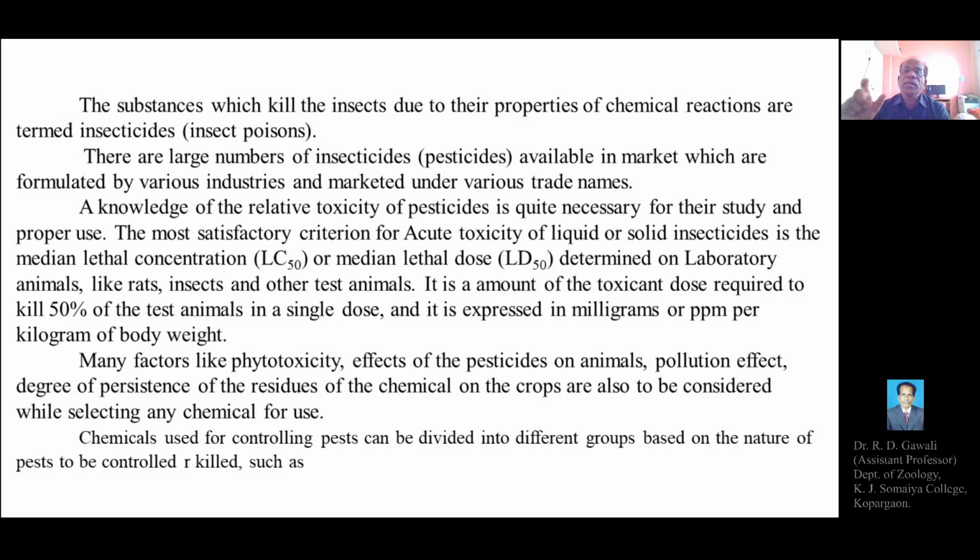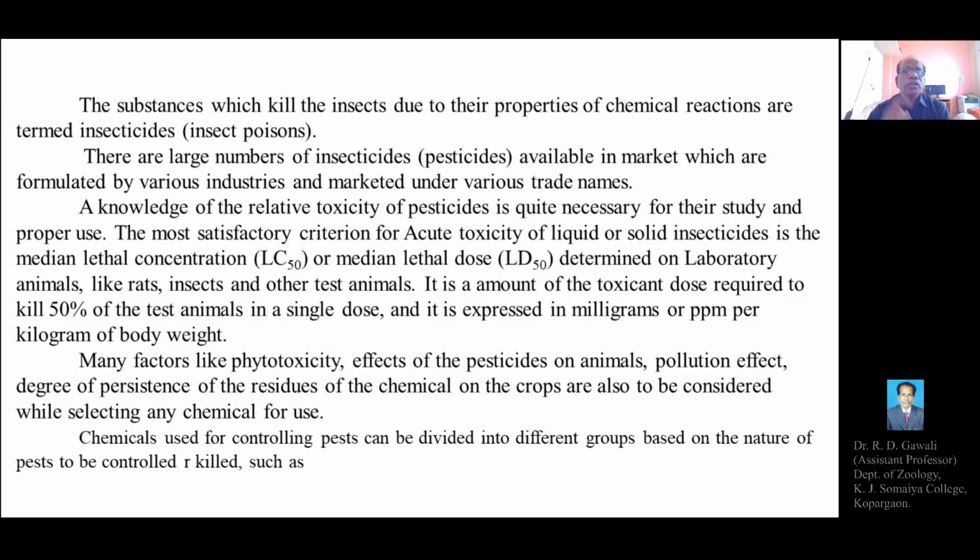This is a single dose of the poison or toxic chemical, and this single dose or single concentration of the pesticide causes 50% mortality of the study organisms.